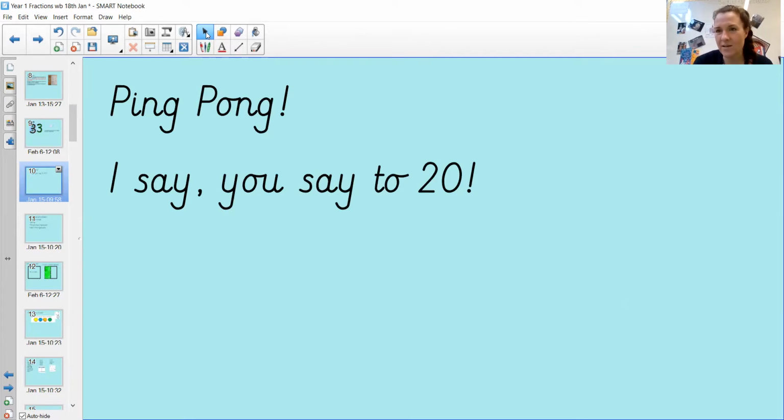So I start on 0, and then the whole class shout back 1, and then I say 2, and the whole class hopefully shout back 3. So we share the counting, and then we do it backwards as well. So what I'm going to do is I am going to say the numbers. I will start on 0, and then you're going to fill in the gaps. Okay, so you might want to replay this a couple of times if you're not quite sure the first time.